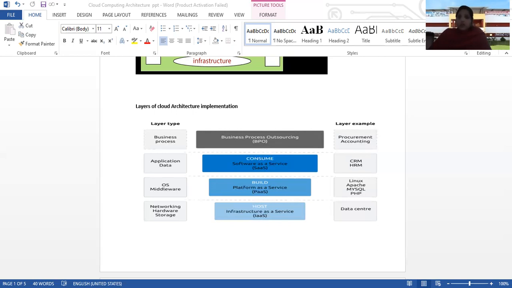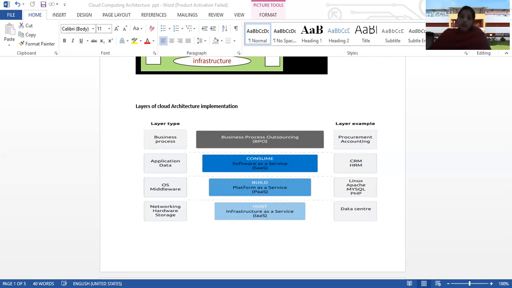Whereas the other layers of the cloud are concerned with consuming services from vendors, BPO is about outsourcing services to a vendor, and hence the same logic applies as for the other layers.